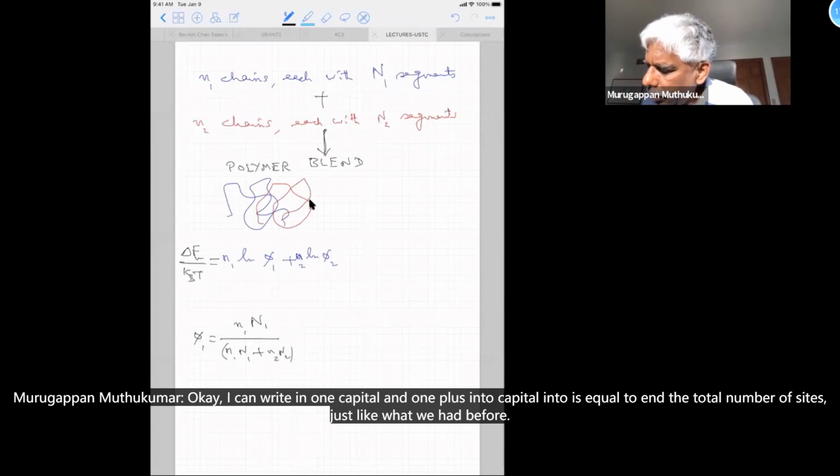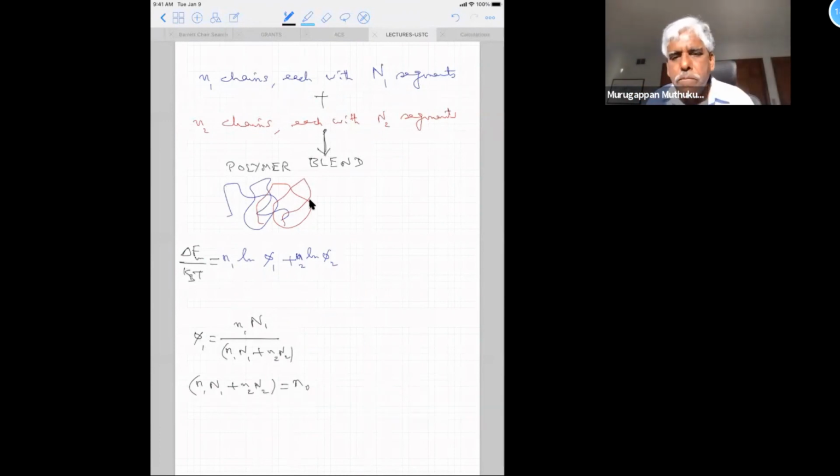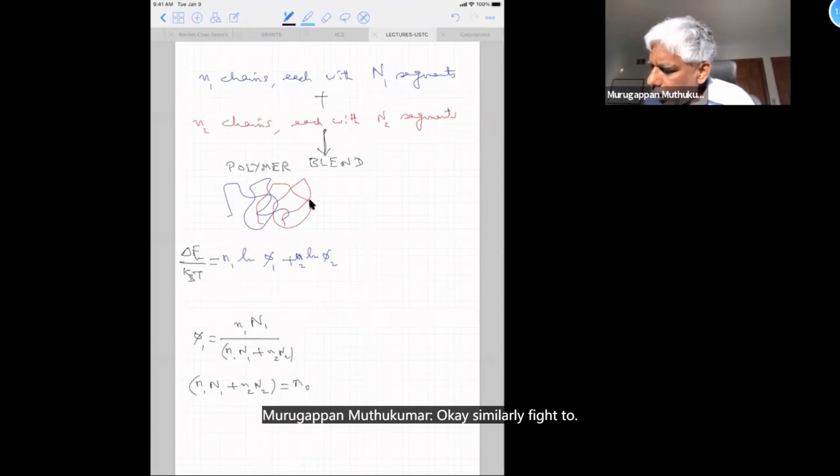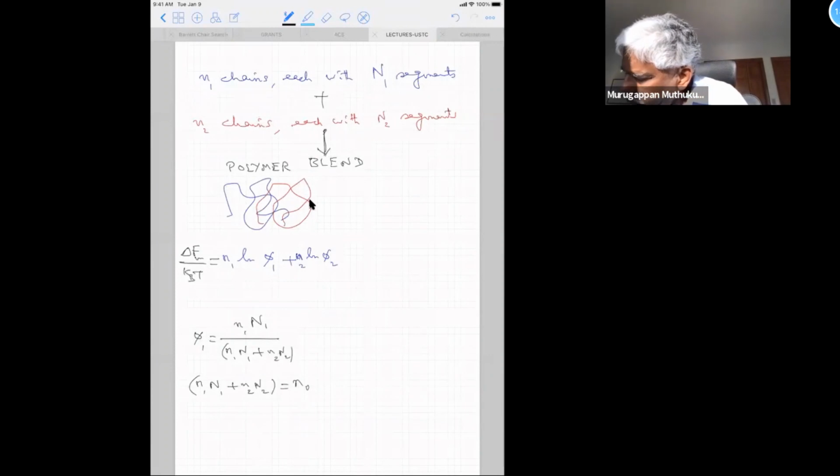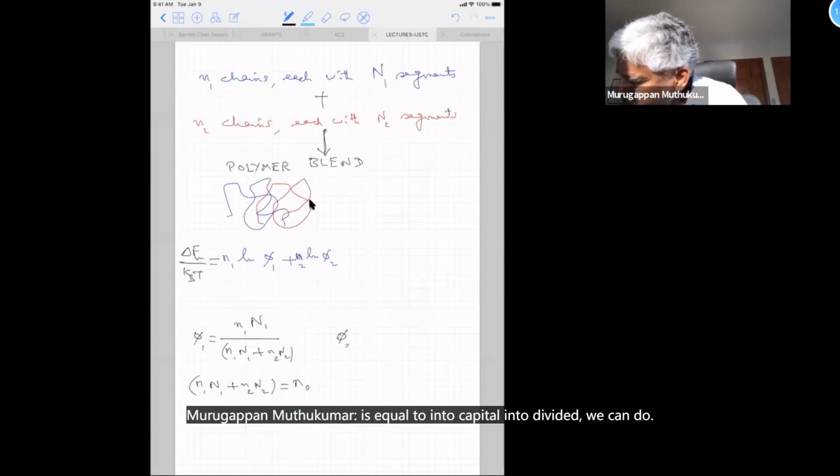I can write capital N1 times N1 plus capital N2 times N2 is equal to N0, total number of sites, just like what we had before. Similarly, phi 2 is equal to capital N2 times N2, divided by N0.